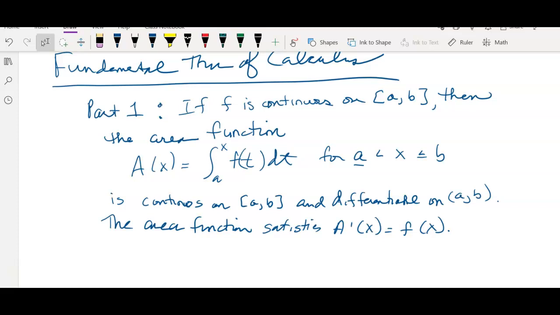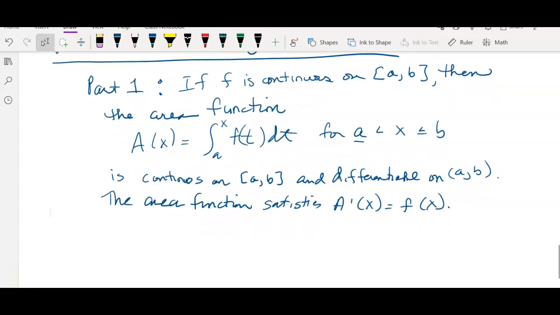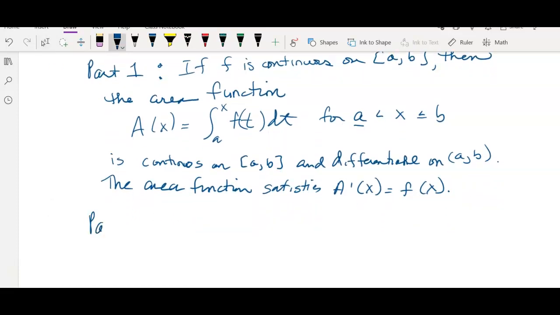All right. Now, part 2 is what we're going to use to quickly solve the whole thing we did with the area between 1 and 4 of the function 3x squared. Part 2 is the one that says, again, we have to state, if f is continuous on [a, b]. Everything goes out the window if f isn't continuous, which is why we have calc 2 and calc 3.